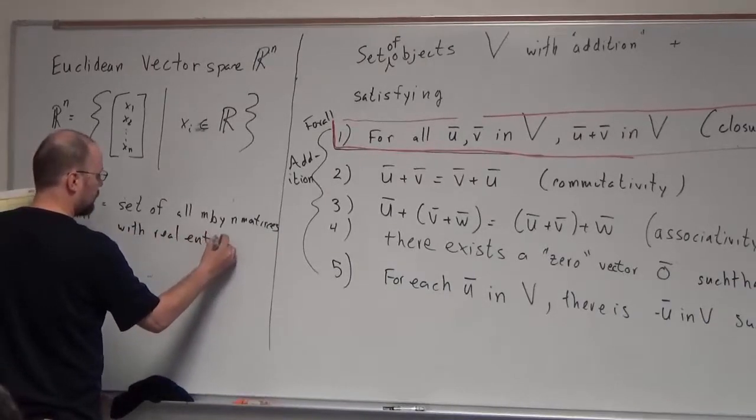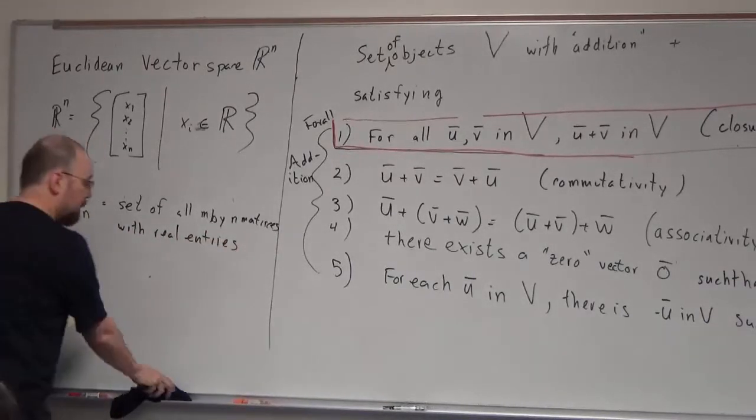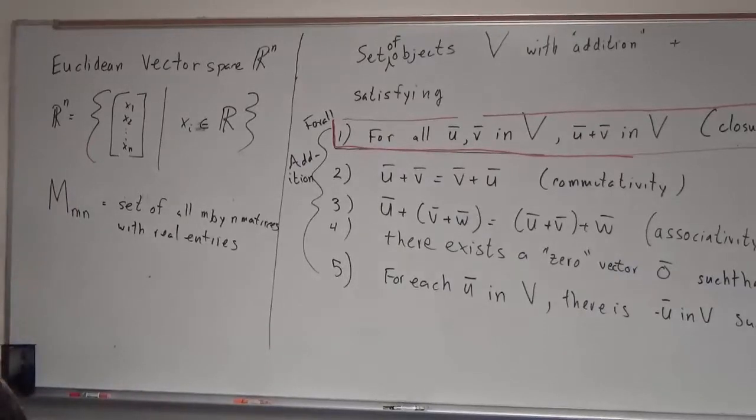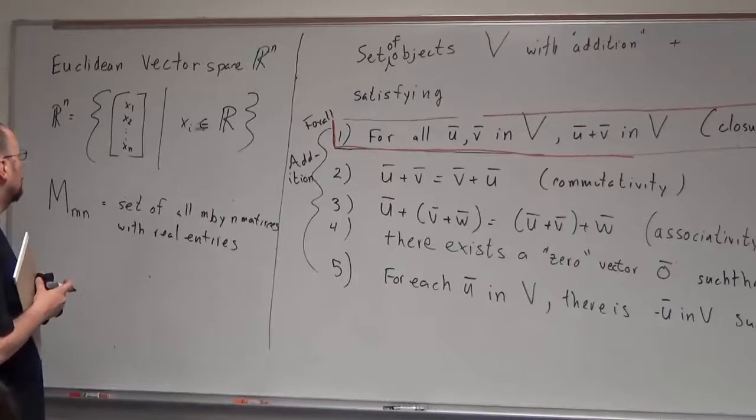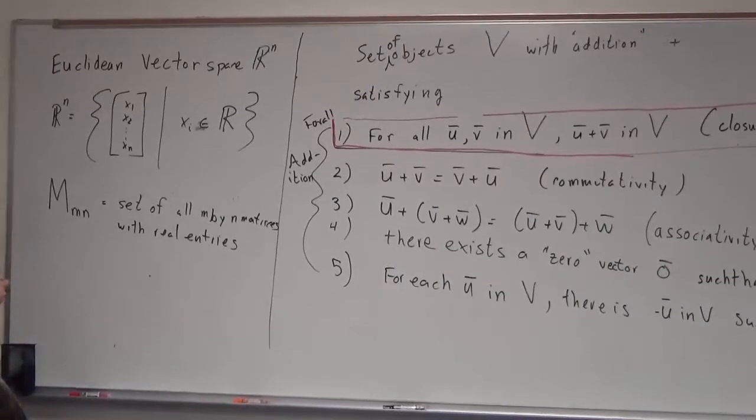That's going to be a vector space. So now matrices are vectors. Okay. And again, if you want to look at that example, go to your book. I think for 2 by 2 matrices, it goes through the axioms.